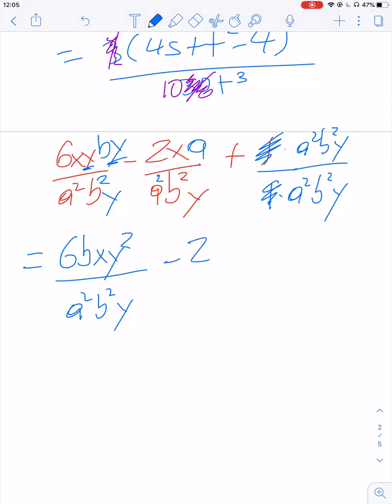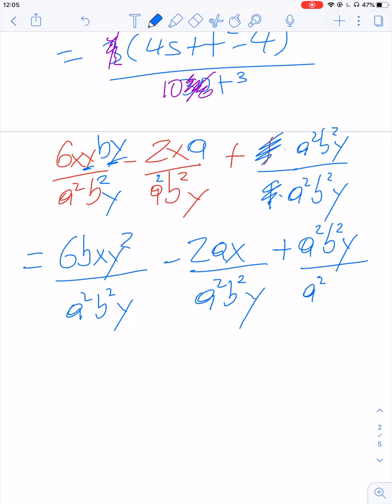This one is just 2ax. Again, it's just nice to keep it in alphabetical order, because then it's easy to simplify. A squared b squared, you don't have to keep it in alphabetical order. It just helps your brain be organized.